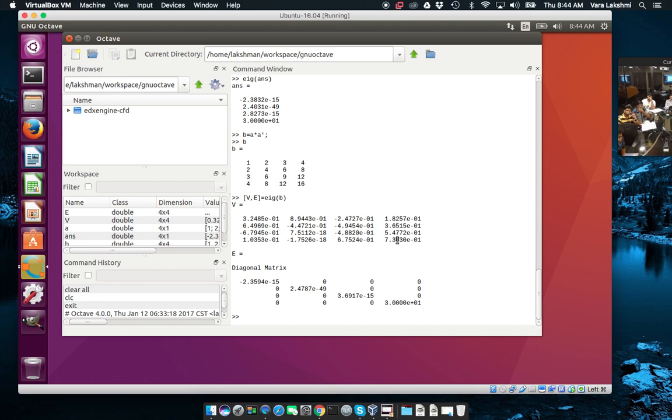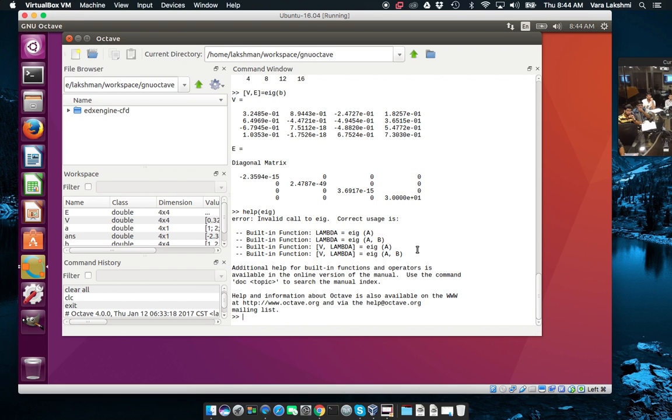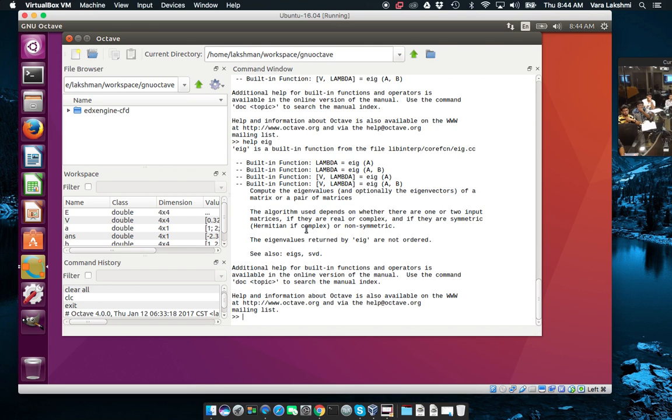Okay, it has been a while since I have used this, so I have been a bit not so sharp on this one. Let me do help here. help eig gives us the usage of the function eig.